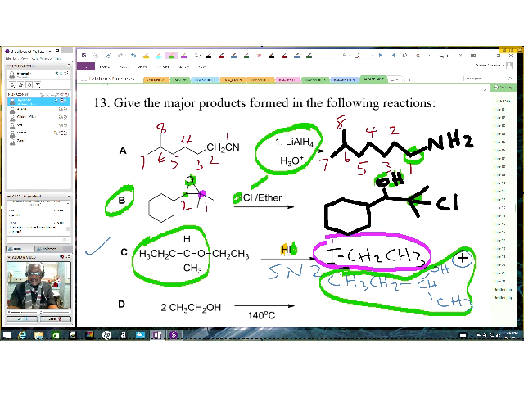And the ethyl iodide, which is this here, is coming from this part of the molecule after the iodide displaces the oxygen atom. Very good, Ayana. That's what you said.